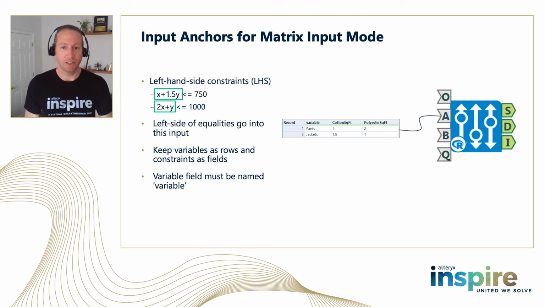The A anchor, we're going to put in our constraints. So for pants, it was 1 square foot of cotton for every pair of pants and 2 square feet of polyester. For jackets, it was 1.5 square feet of cotton and 1 for polyester.